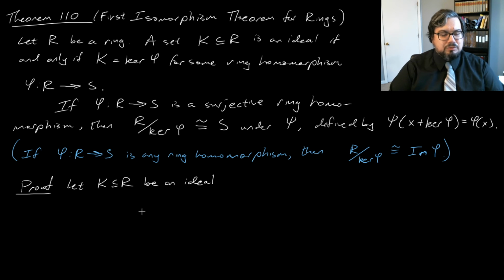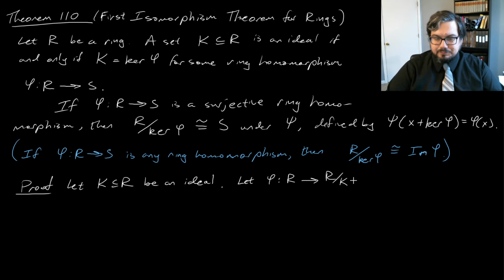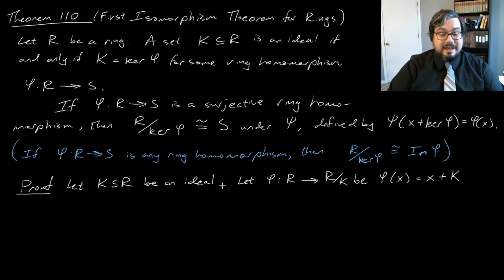We're going to try to prove that it is the kernel of some ring homomorphism, phi from R to S. And just like with groups, we're going to let phi go from R to R mod K. Because K is an ideal, we can form the factor ring R mod K. And we can define this phi as phi of x is equal to x plus K. This phi is actually just the pi from before, just the natural projection map.